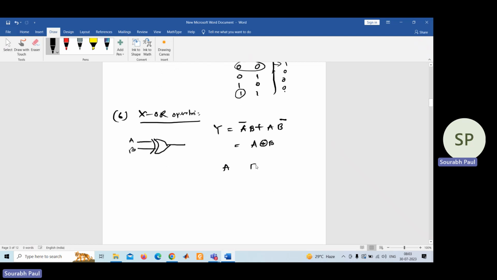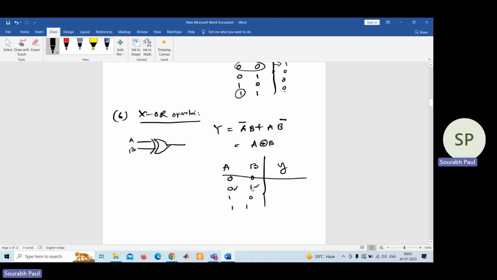A and B are the inputs and Y is the output. Make 4 combinations: 0, 0, 0, 1, 1, 0, 1, 1. In that case, if the inputs are complementary, then only the output will be 1. Complementary means one of the input is 1, other input is 0; one of the input is 0, other input is 1.